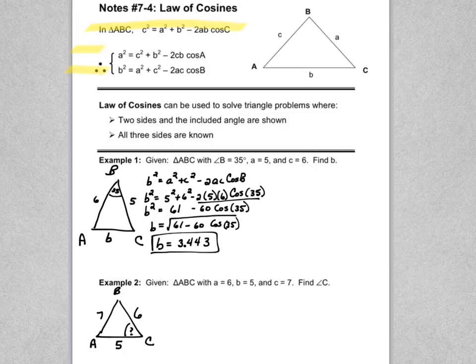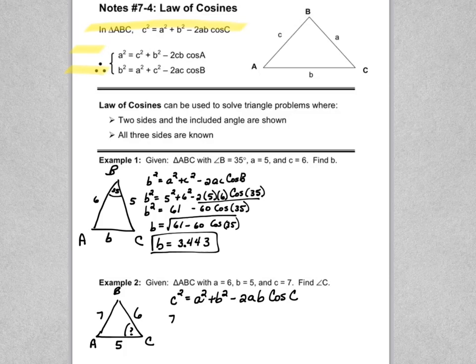Okay, so if you look up at the top, the one that has angle C in it is the one where we find the side C squared. So you're going to use C squared is equal to A squared plus B squared minus 2AB times the cosine of C. Now let's fill in the blanks.